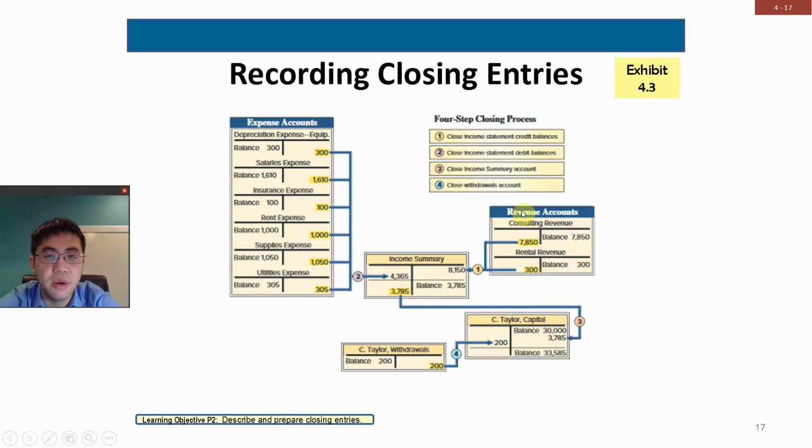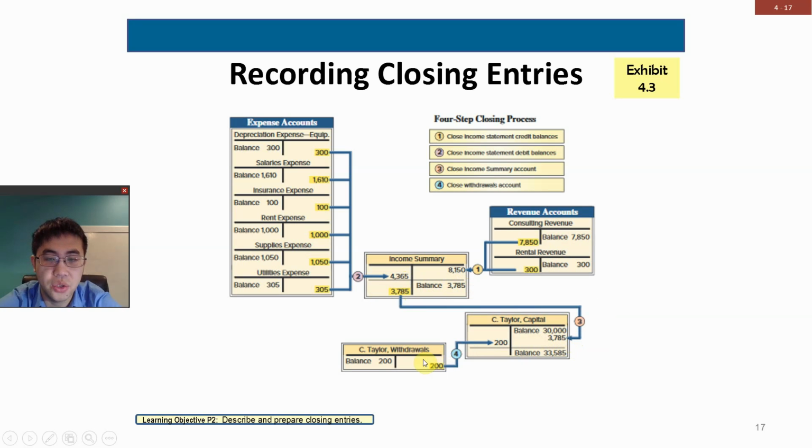So through this closing process, you are basically transferring all the debits in the expenses to the income summary, and transferring all the credits in the revenue into the income summary. And then once you get this net income, you're going to transfer it into the owner's capital.